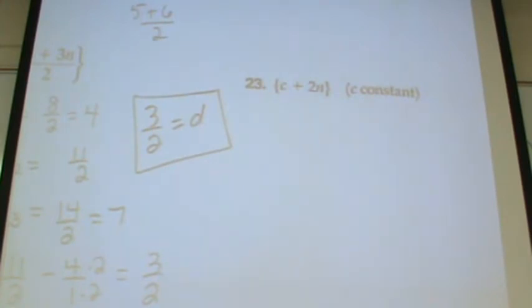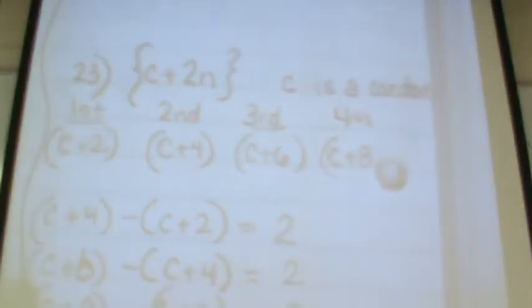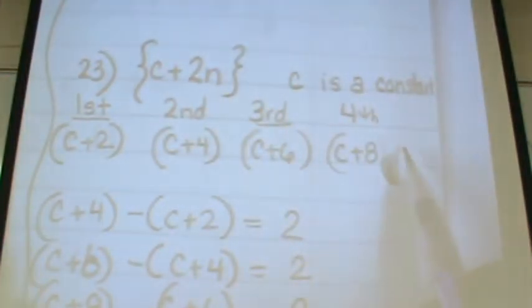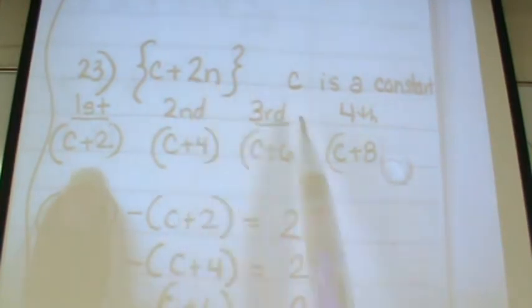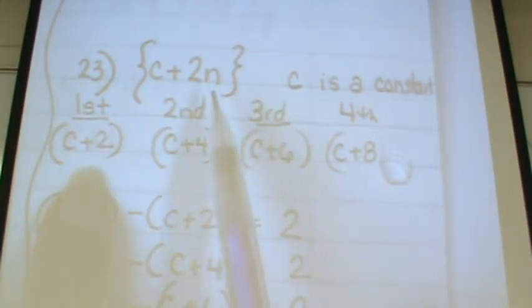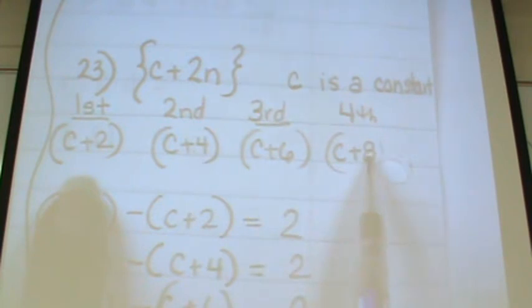And the last one in this section, I'm going to show you here. If C is a constant, and we plug in a 1, or a 2, or a 3, or a 4, these are your terms: C plus 2, C plus 4, C plus 6, C plus 8.